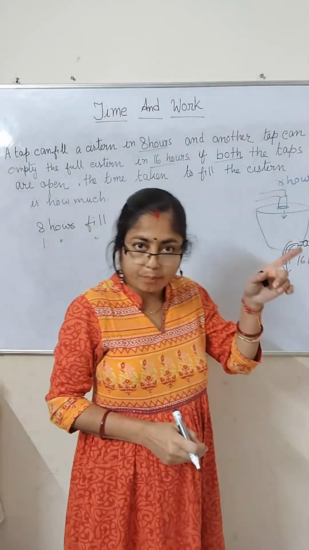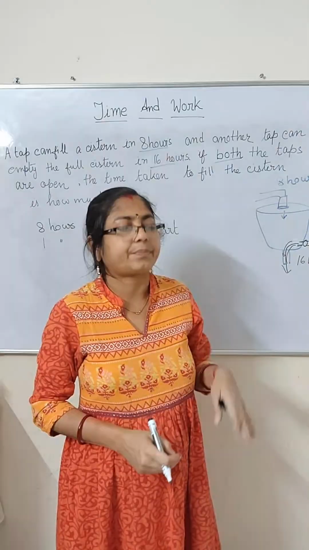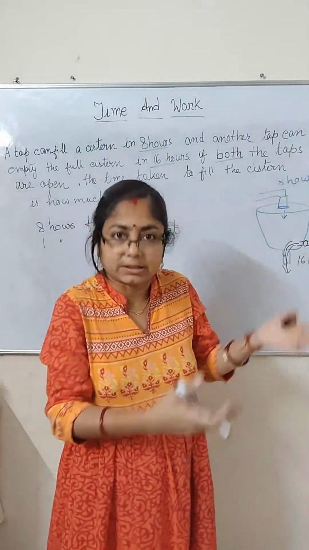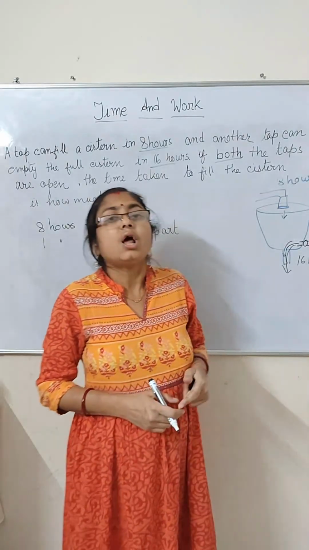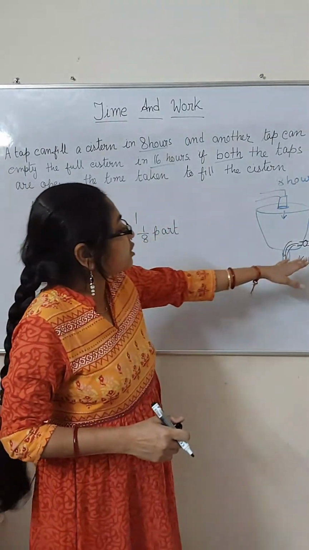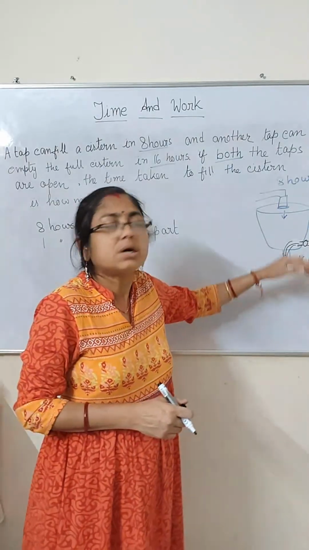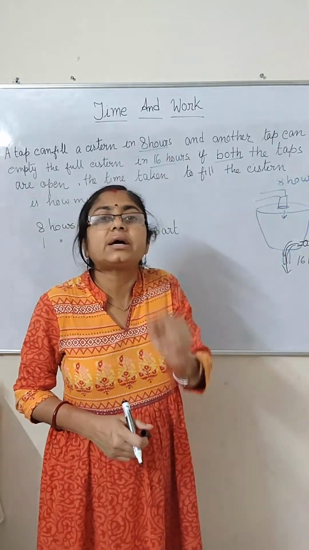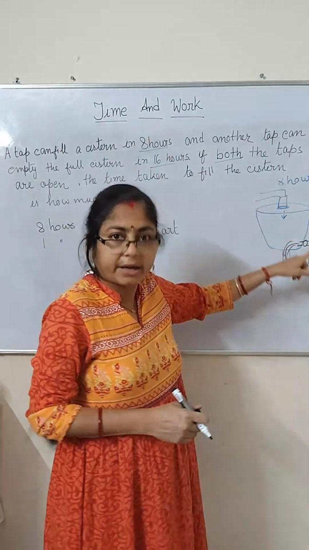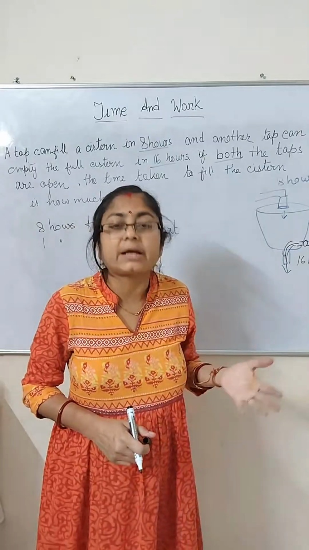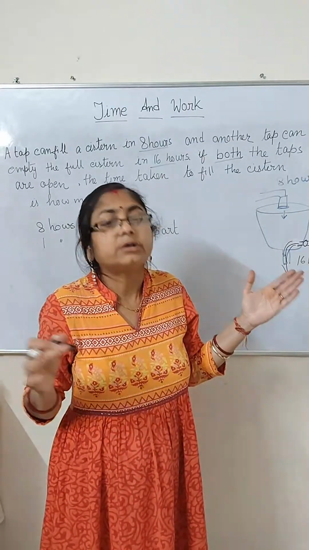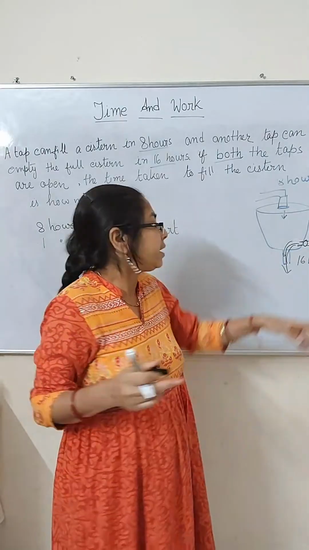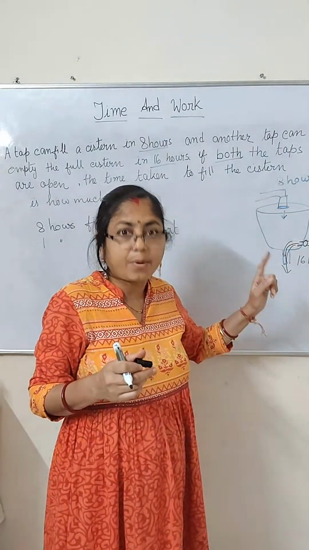Here one tap is open and one is closed. एक के लिए एंट्री होगा वाटर का, एक से निकल जाएंगे. This 2 tap is working here. So अगर this second tap you close, तो first tap से 8 hours लगेगा. But what is the condition? It is also open. It is also open. So in that case time more. Time 8 hours से ज़्यादा लगेगा क्योंकि एक टाइम this वाला tap also open.